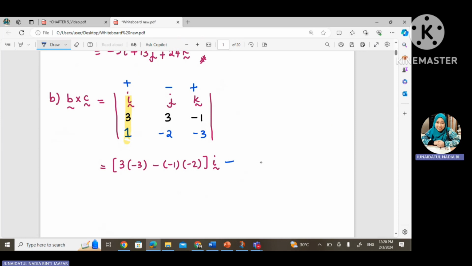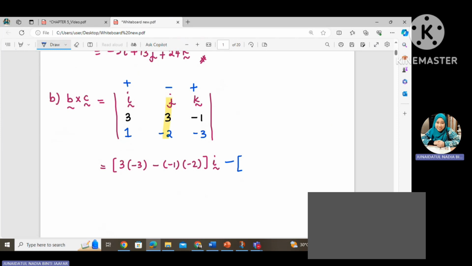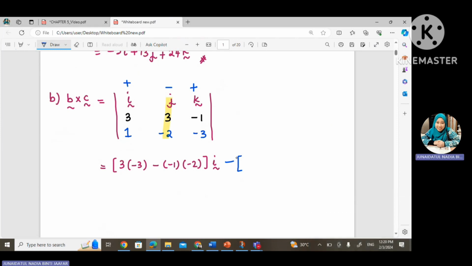So minus, for column j, we have 3 times negative 3, minus negative 1 times 1, for j.